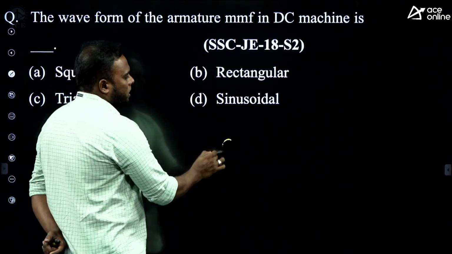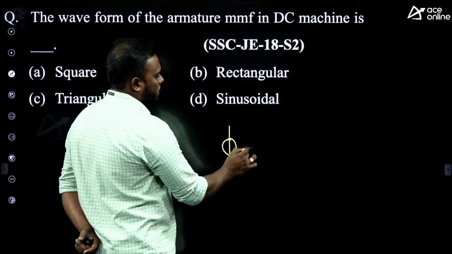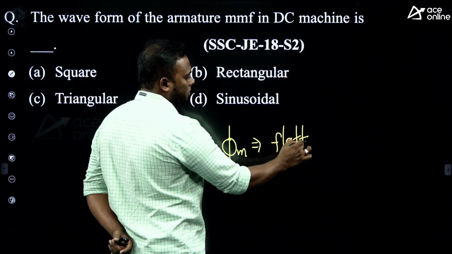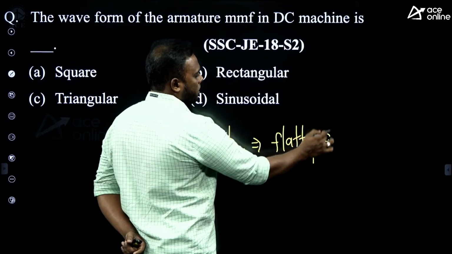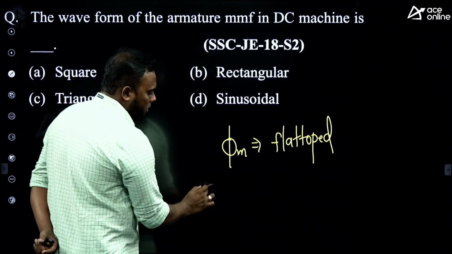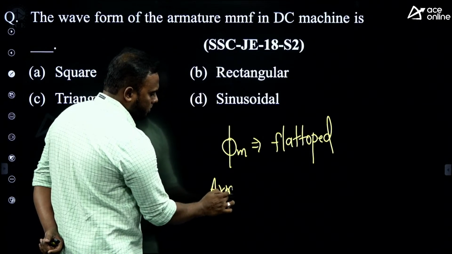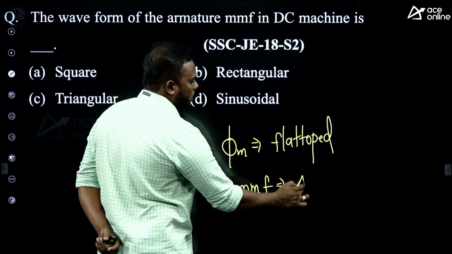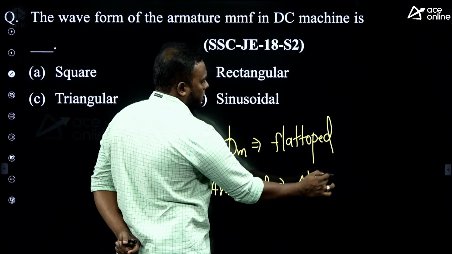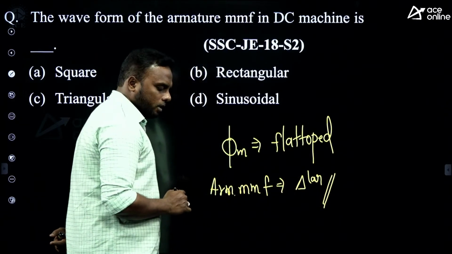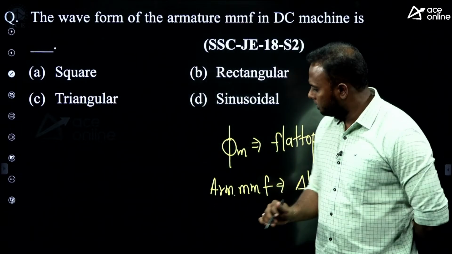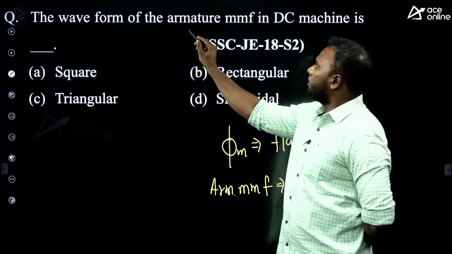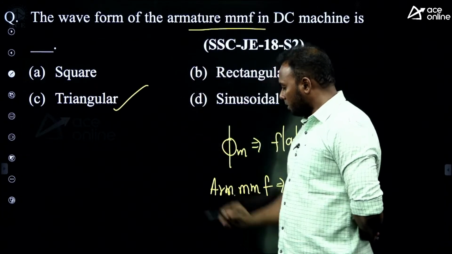Remember, the shape of main flux in a DC machine is flat top or trapezoidal. And what is the shape of armature MMF? Remember this, the armature MMF shape is triangular, having the peak of the triangle along the interpolar axis. They are asking about MMF here, so the shape is triangular.